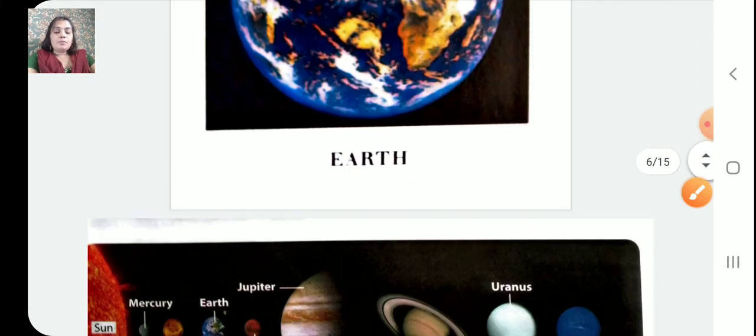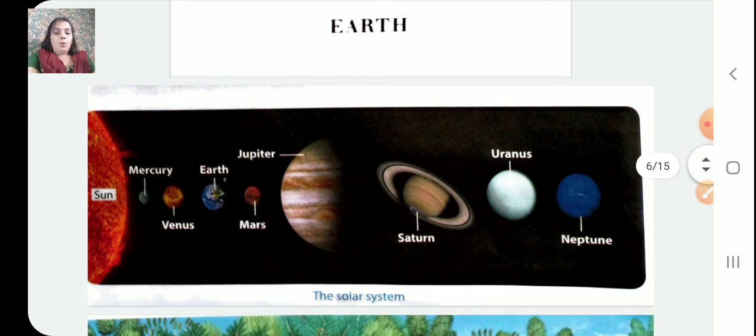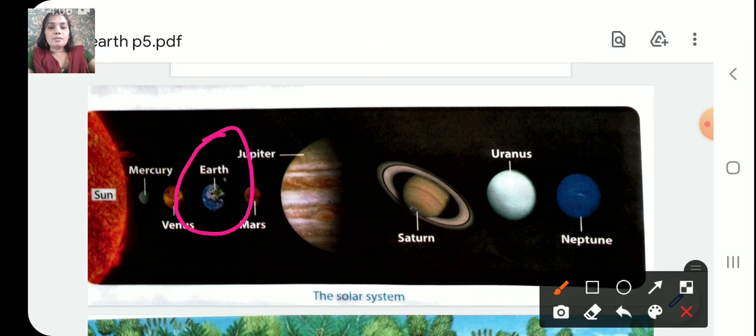So earth is different from the other planets, and this is the earth. We know that earth is the third planet in the solar system. It receives sufficient light from the sun for life to exist.